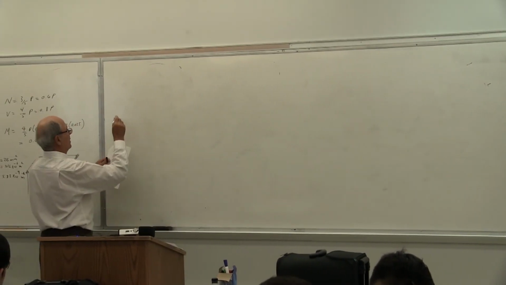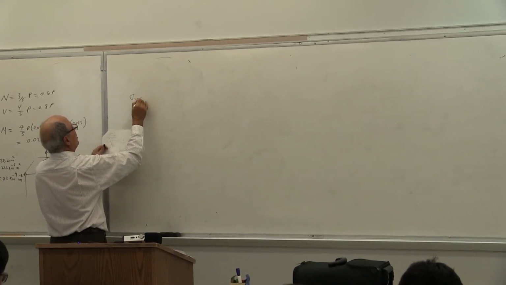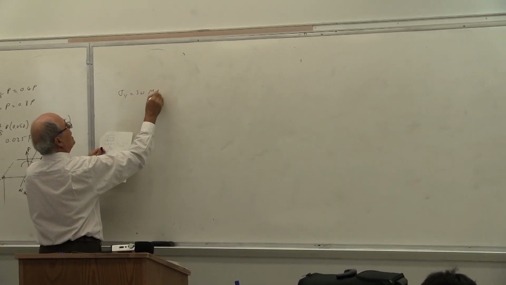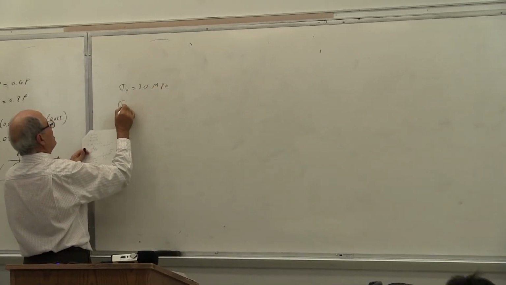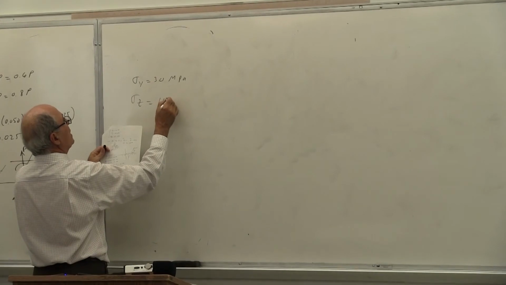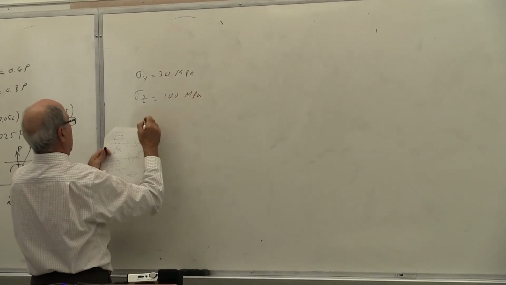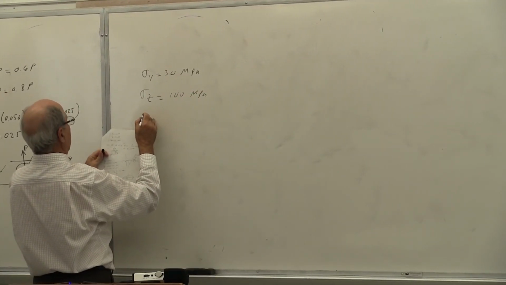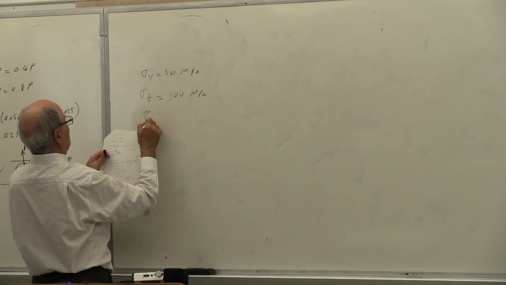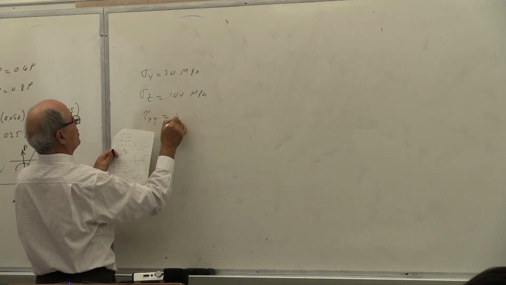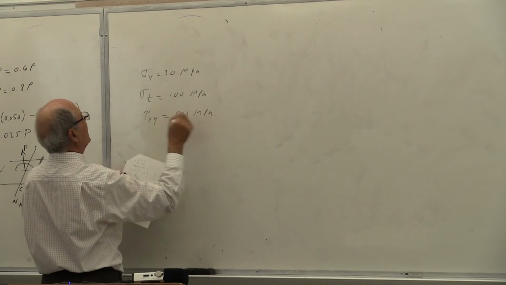Let's say that we have sigma y equal to 30 megapascal, sigma z equal to 100 megapascal, and tau xy equal to 84 megapascal.